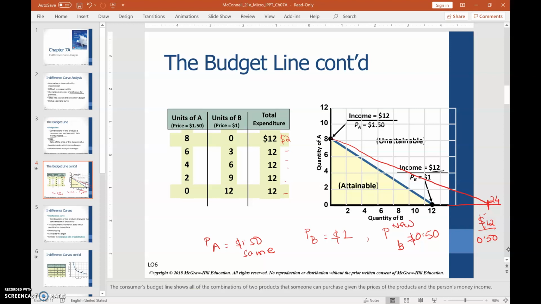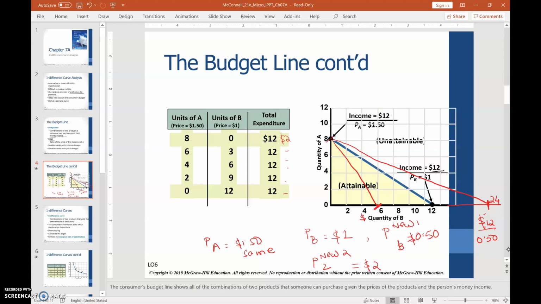Let's say we have another price of B here. Say this was new 1, this is new 2. The new price of B is equal to $2. Now what happens to the budget line? So the new number here on the horizontal axis will be equal to 12 over $2, which is 6.